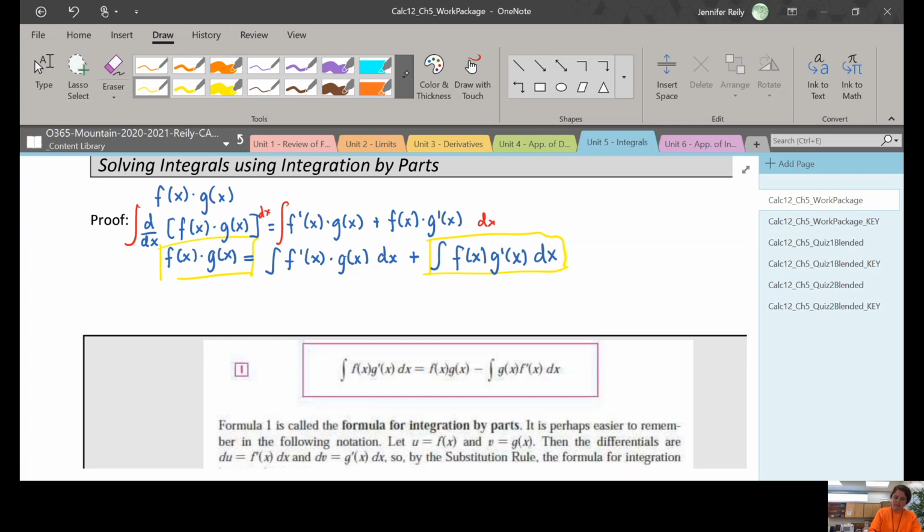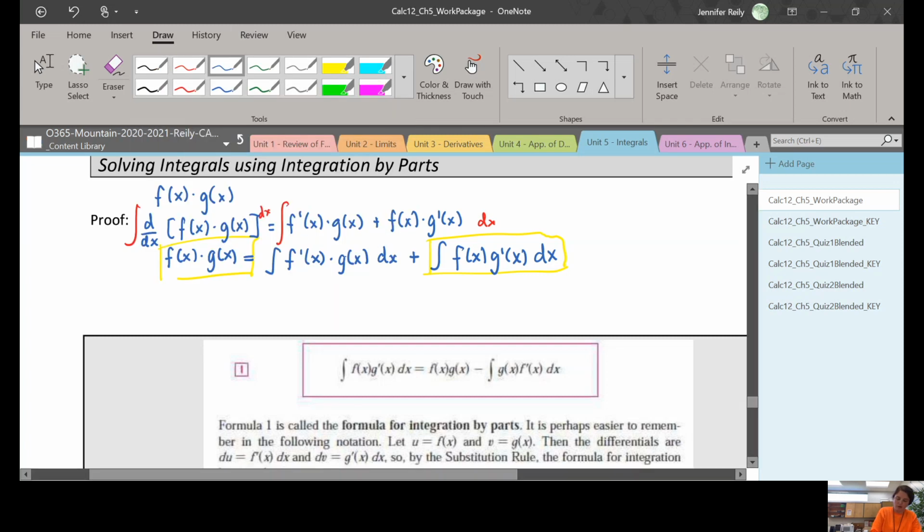So I'm just going to rearrange the equation here. So it'll be f of x g prime of x, the integral of that is f of x g of x minus the integral of f prime of x g of x dx.